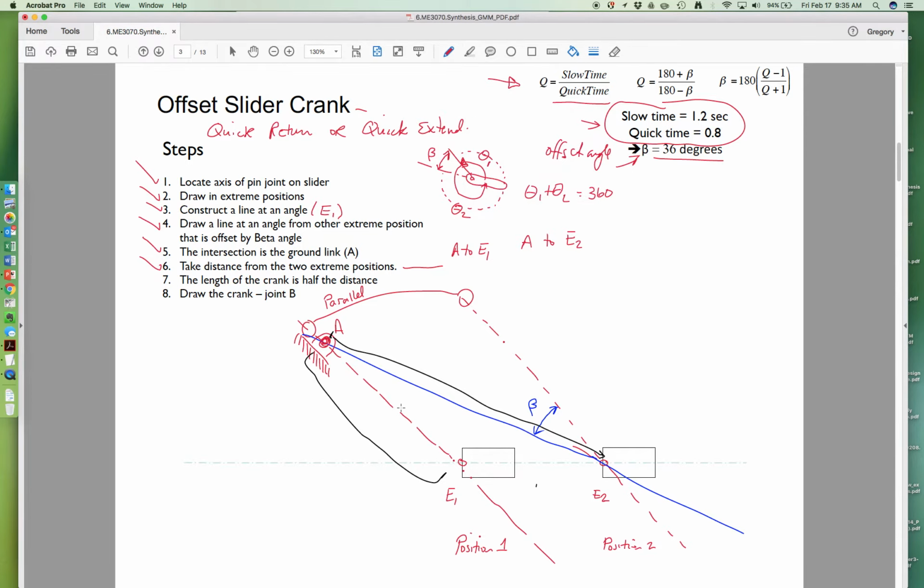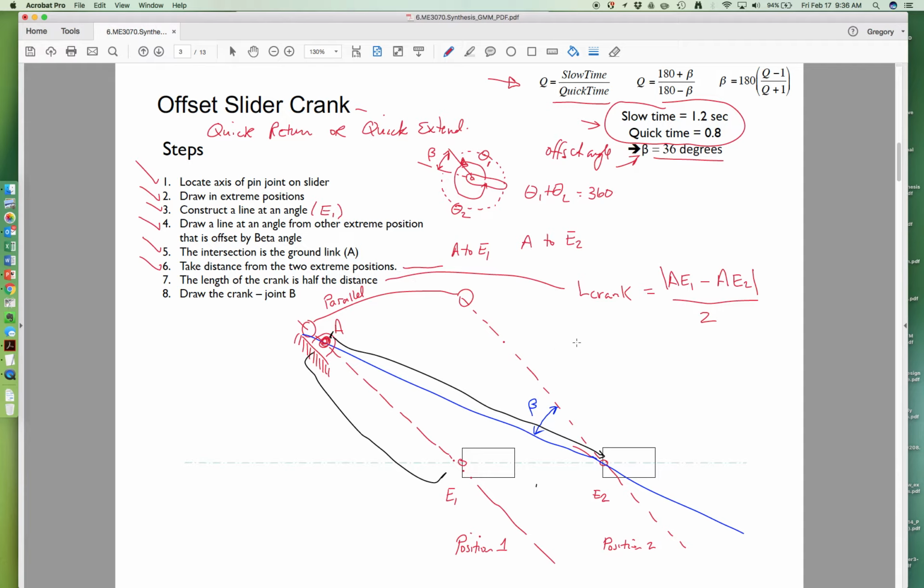And what we're going to do is the length of the crank is half the difference between the distance. And so the length of the crank, if we come over here, the equation for that is the length of the crank is equal to the absolute value of AE1 minus AE2, divided by 2.